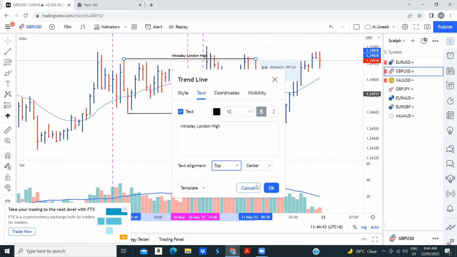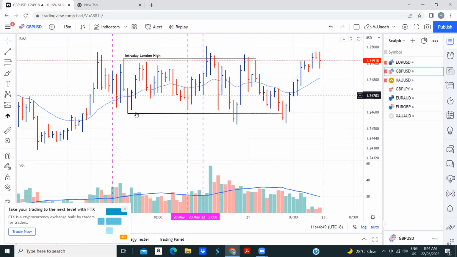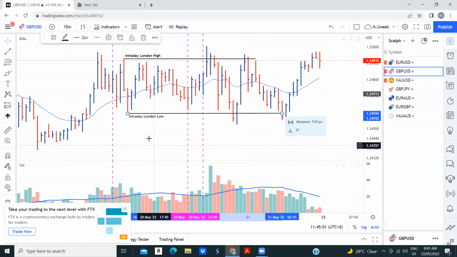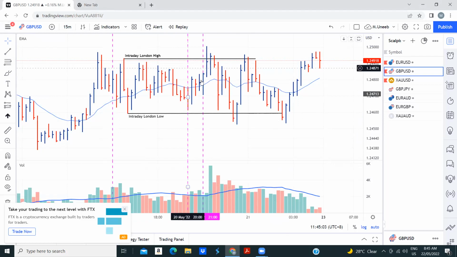Bottom, top. And this one? Intraday London low. Okay. Got it?